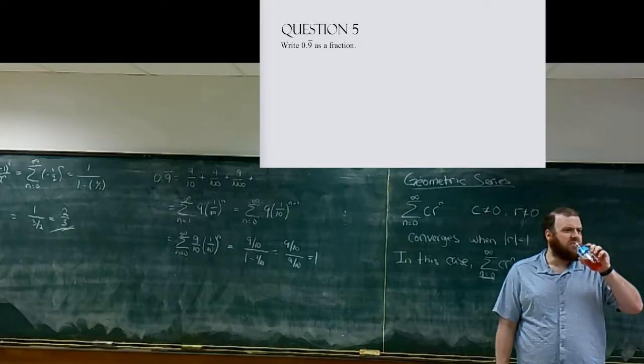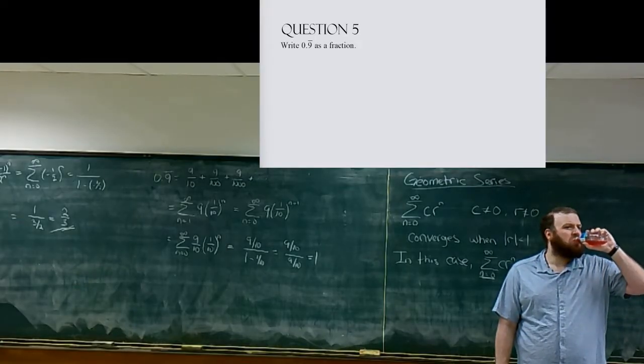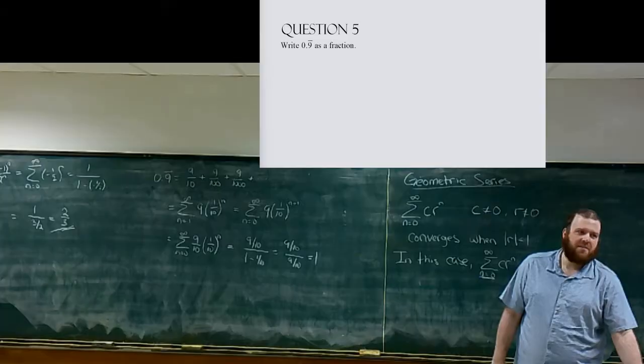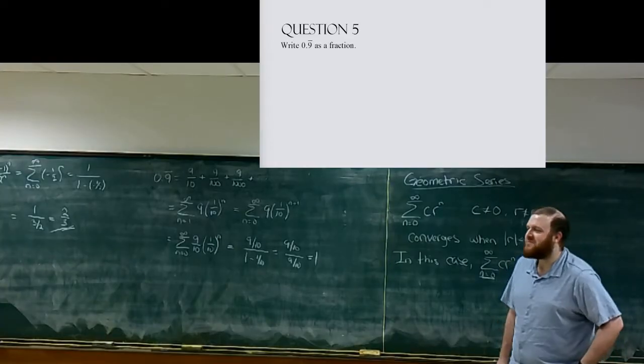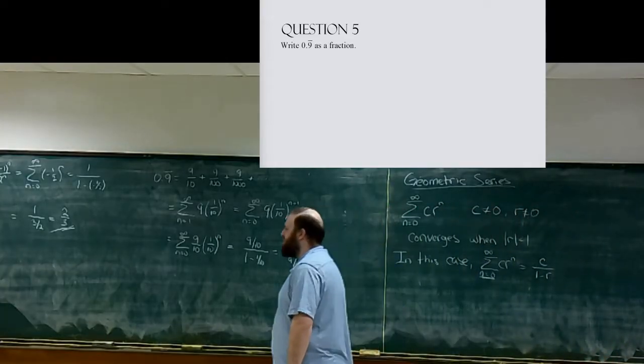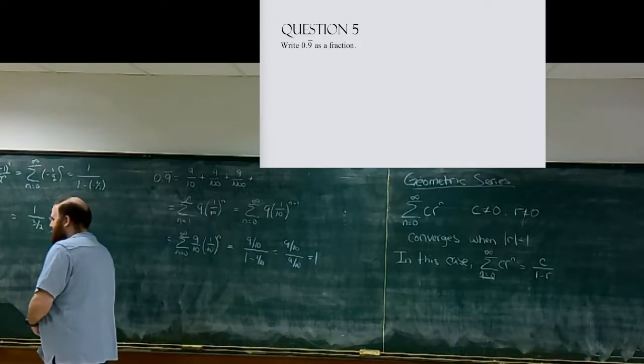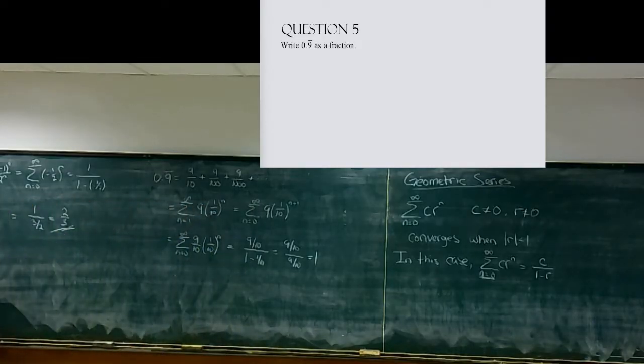That is a very interesting result. Whenever you have a 0.9 repeating, you can rewrite it as 1. That's what the approach is.